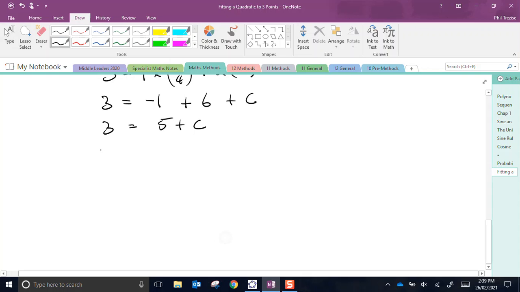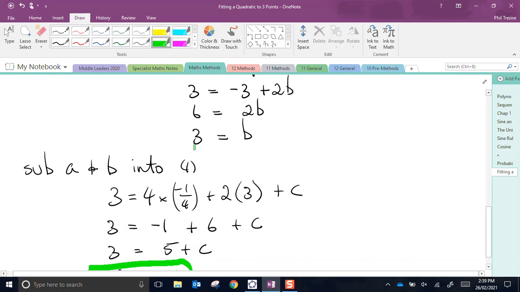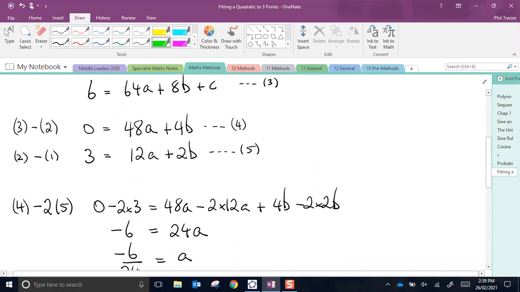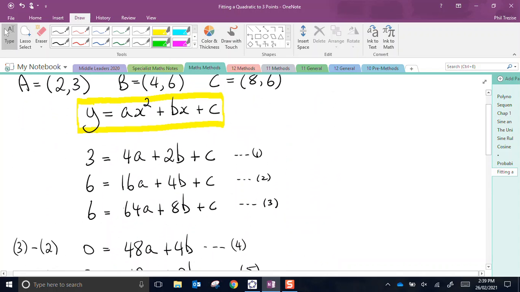By the time I subtract 5, I think I'm going to have that c equals negative 2. So my answers for the coefficients here: c is negative 2, b is 3, a is negative 1/4.